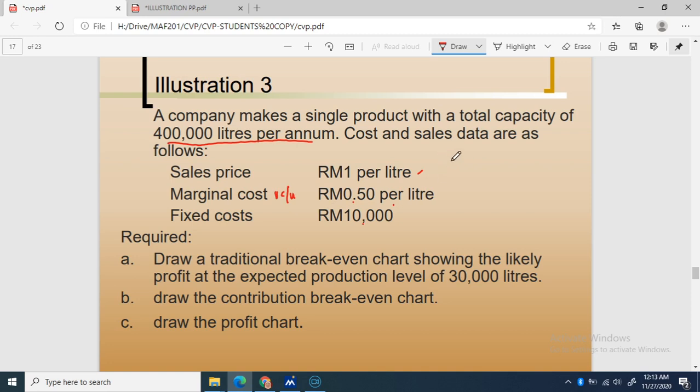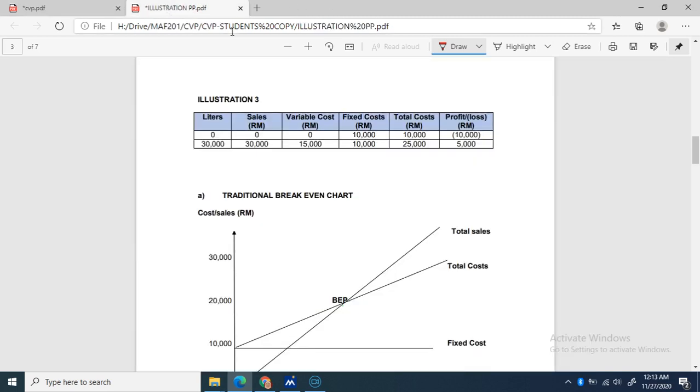So if we use the formula, how to get BEP in units? BEP in units is the fixed cost. So how much is your fixed cost? It is RM10,000 divided by the selling price per unit, RM1, minus 50 cents.